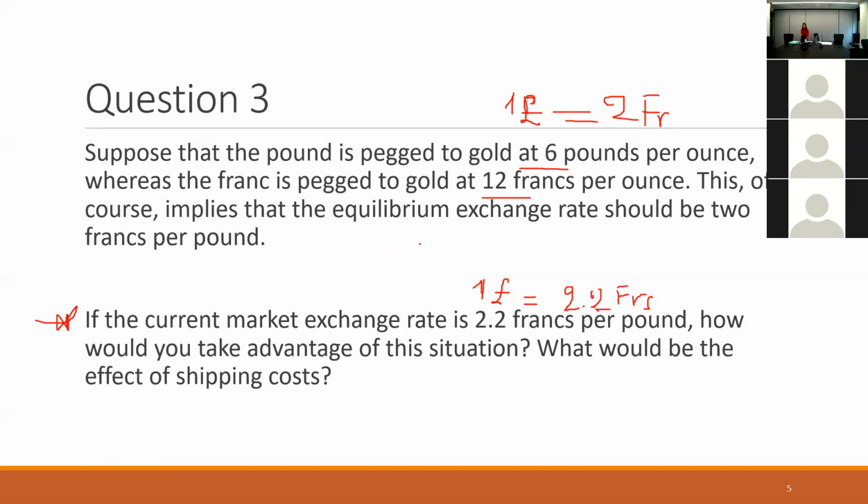So question 1, how will you take advantage of this situation? When the market value is different from the fair value of an asset, we call that a mispricing. When there is a mispricing, there's potential for arbitrage profits. By arbitrage, we mean that we want to sell at the overpriced market and buy at the underpriced market.